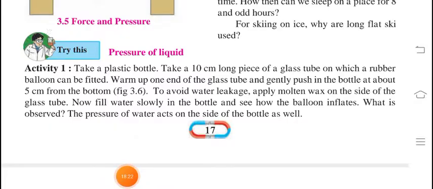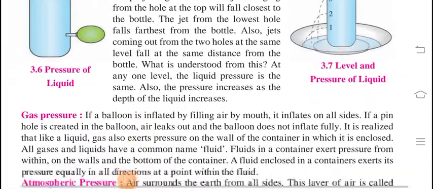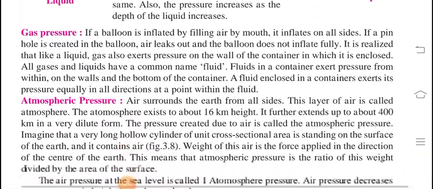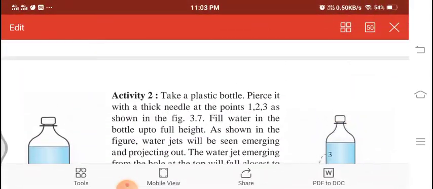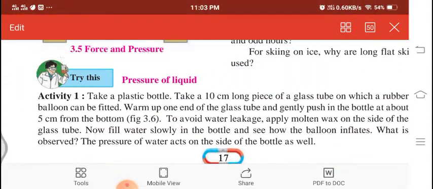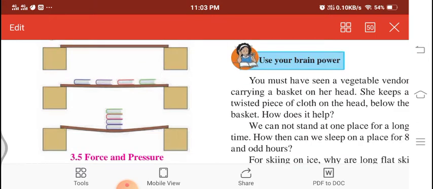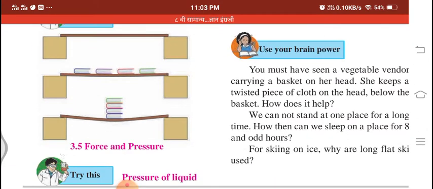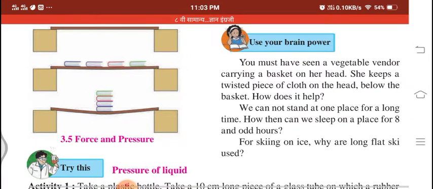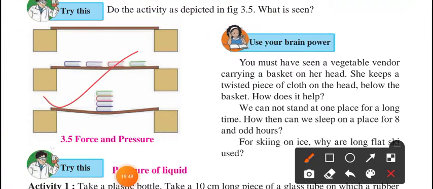So pressure can be of different types. Pressure can be on a solid, on a liquid, atmospheric pressure, or gas pressure. So in all these things pressure can come. In solid pressure, force is applied on a solid thing, so pressure is created there.